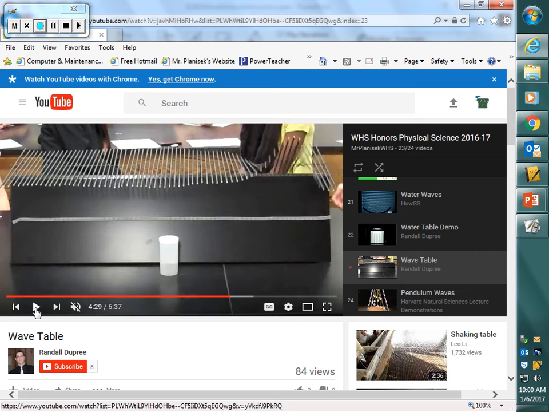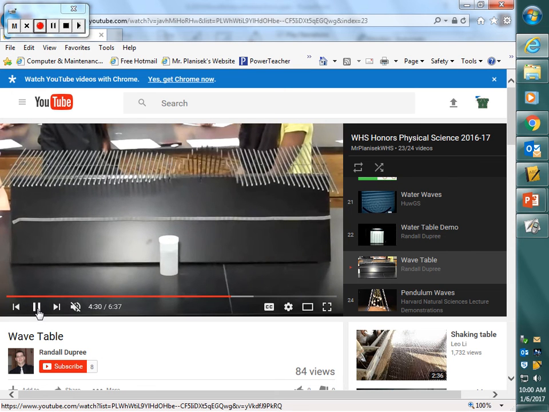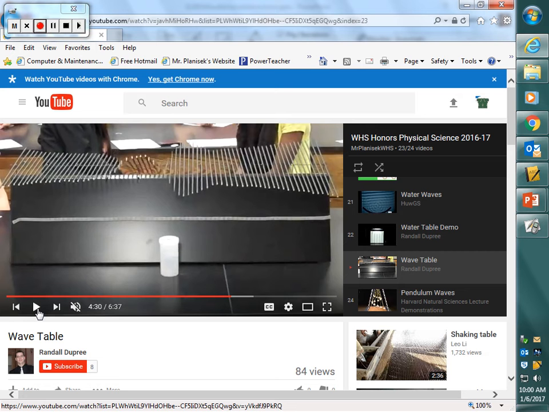All right. So here's the wave. So you guys saw the cup goes up, right? Did the wave pass through the stick that had the cup hanging on it? Yes, it did. All right? So that's not just reflection. If you look, now there's almost two waves. Do you see them?